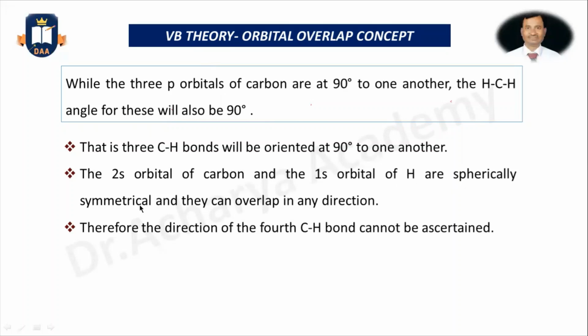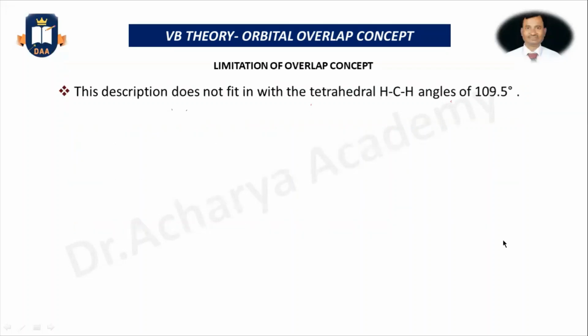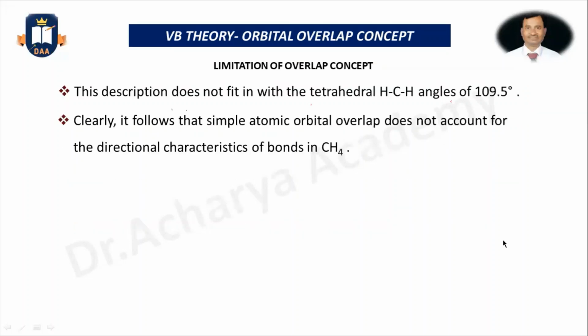Both are spherically symmetrical because these are s orbitals, so they can overlap in any direction. So the direction of the fourth CH bond cannot be ascertained. This is the limitation of the overlap concept.